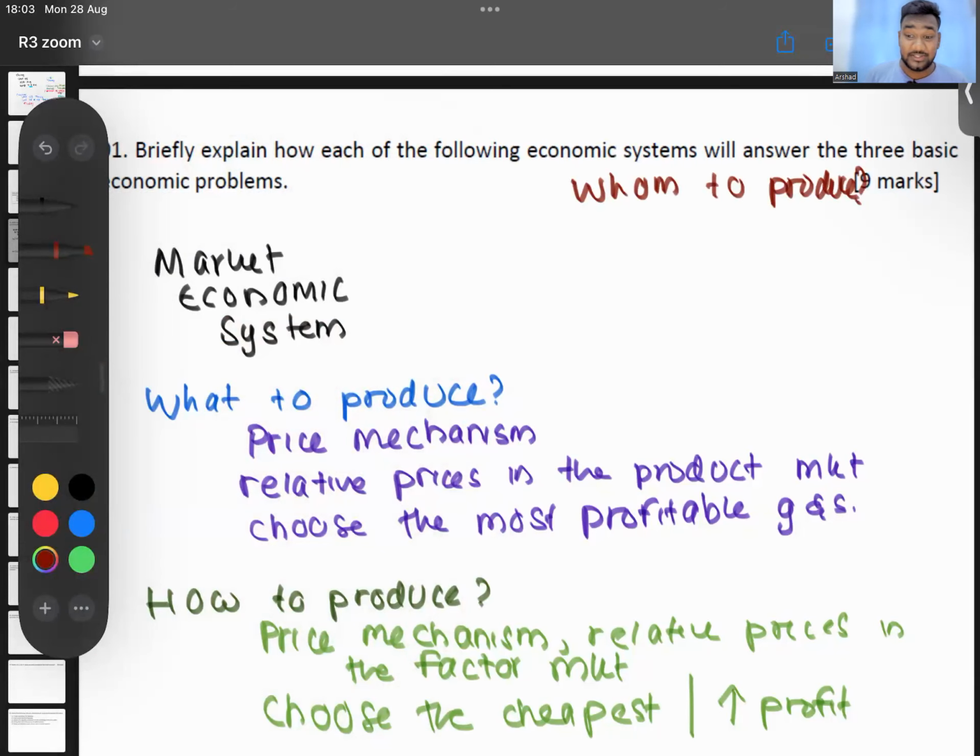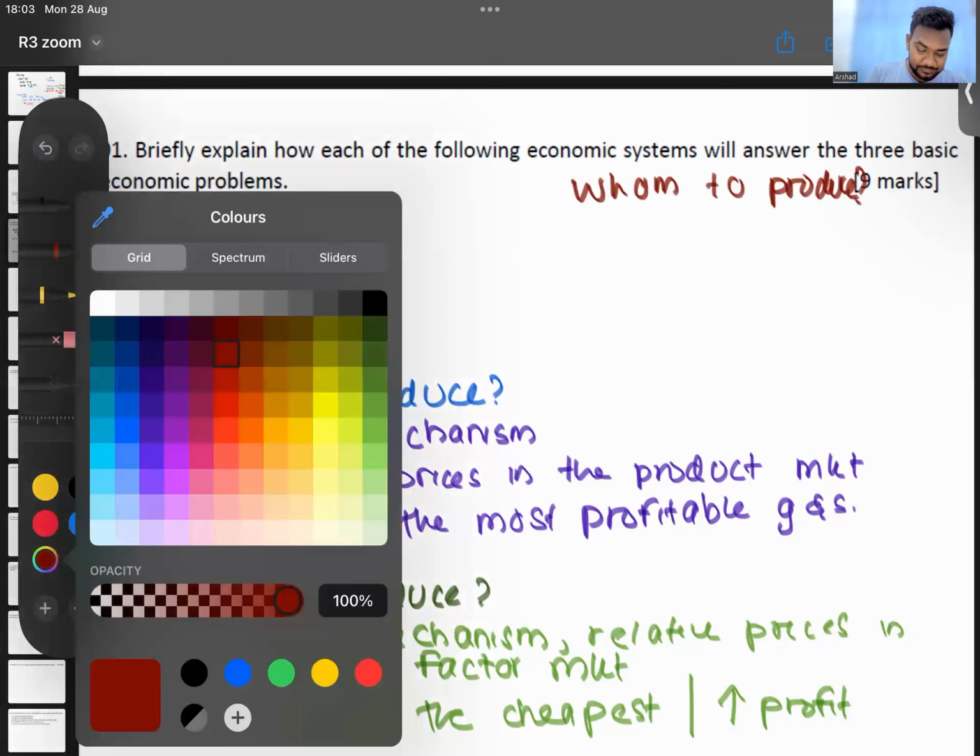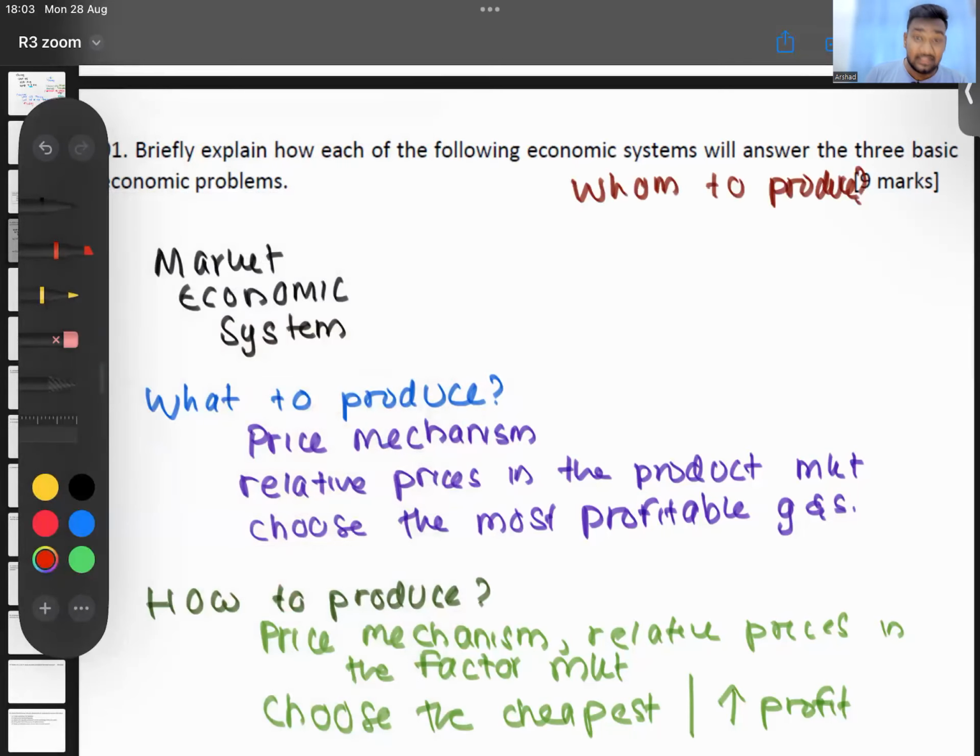How do they do this? For this, you need to say using price mechanism, that has to be your keyword, right?